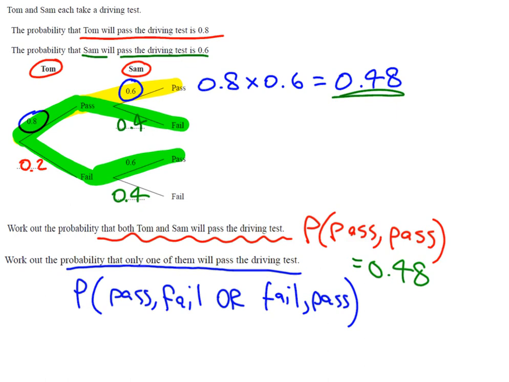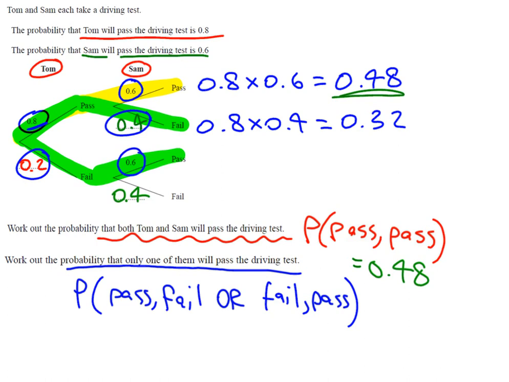So it's going to be 0.8 times 0.4 for the first one, which is going to give you, well, 8 times 4 is 32, so 0.32. Next one is going to be different here, 0.2 times 0.6, so don't expect the middle ones to be the same, which is 0.12.